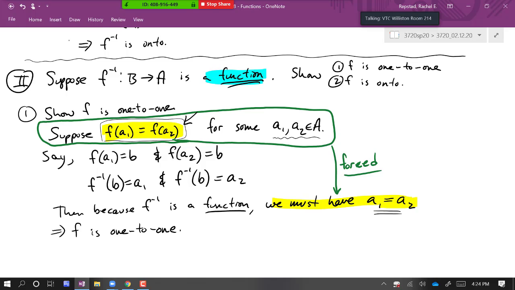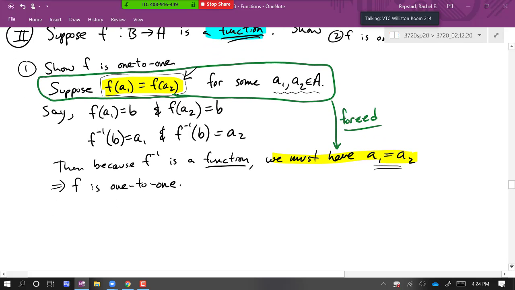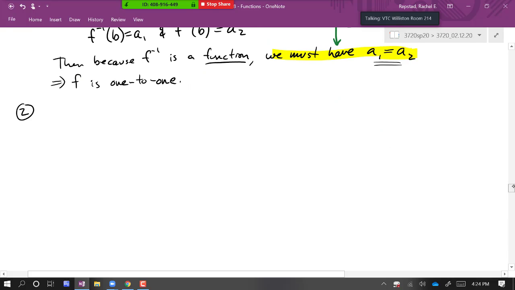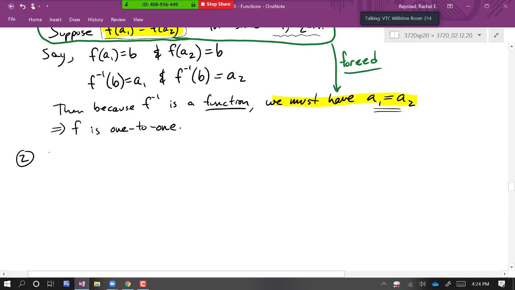So we have one more thing to show. We showed that F was 1 to 1. We need to show that F is onto. The reason this property that we call surjective is also called onto is because you could think of the function as covering the whole codomain.